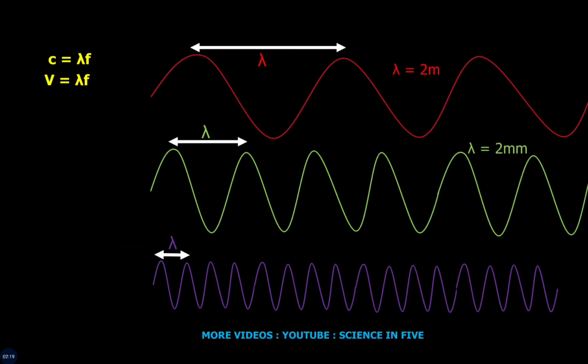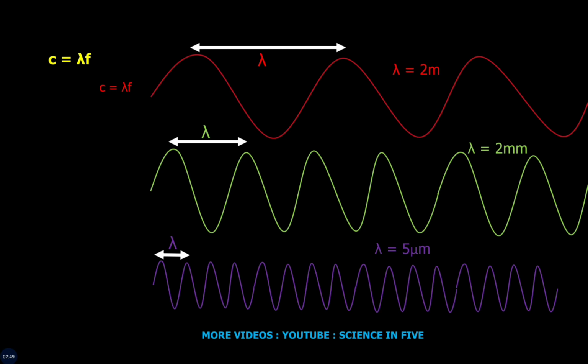Okay, let's try and prove this with a calculation. Suppose we are given the wavelength of all 3 waves. For the red, λ is equal to 2 meters. For the green, λ is equal to 2 millimeters. And for the purple one, λ is equal to 5 micrometers. Using the equation c = λf, and assuming that these wave patterns are for electromagnetic radiation, we can easily calculate the frequency of each wave.